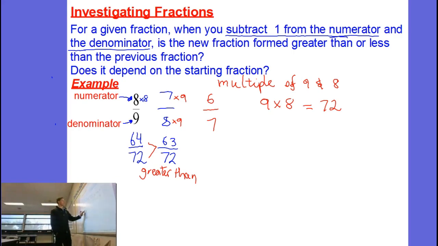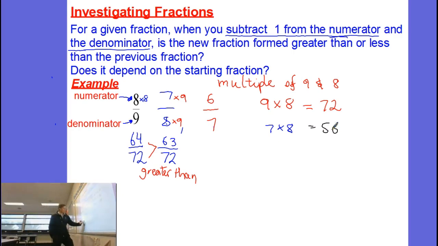Well, between 7/8 and 6/7, if I'm comparing those two, then I form a common multiple of the 8 and the 7 between those two numbers. 7 times 8. Well, 7 times 8 is how much? 56.